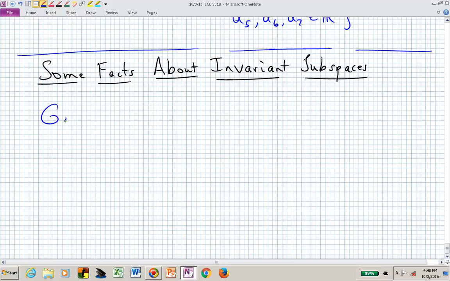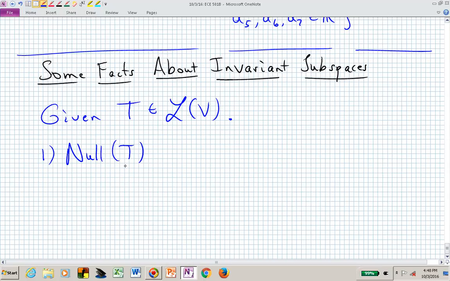Suppose we're starting now with this operator T on a vector space V. So that's what we're given. One fact is that the null space of that linear map T is invariant.